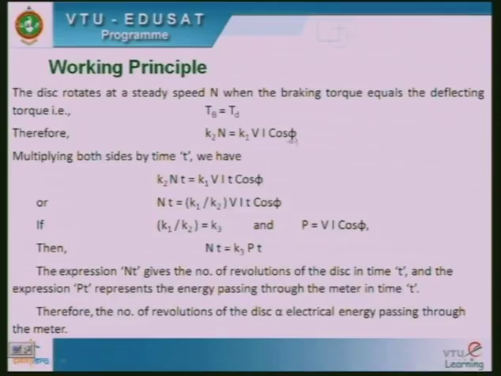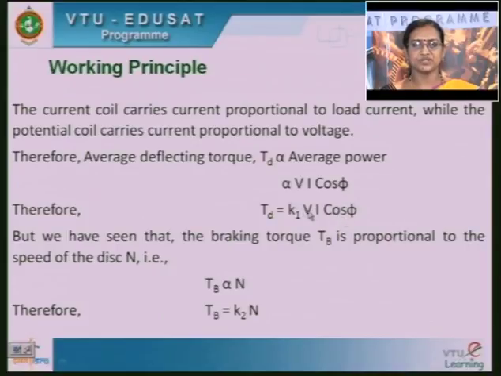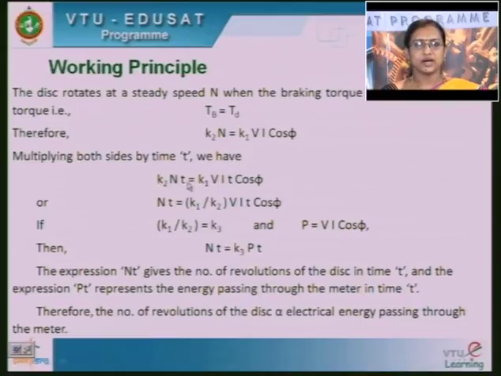Now I told you that energy is the power consumed over a particular time. The power equation in case of an AC circuit is VI cos phi, multiplied by time will give you energy. That's why you multiply by T on both sides of this equation. Now it is K2NT is equal to K1 VI cos phi into T. Taking only NT on the left hand side, NT is equal to K1 divided by K2 into V into I into T into cos phi.